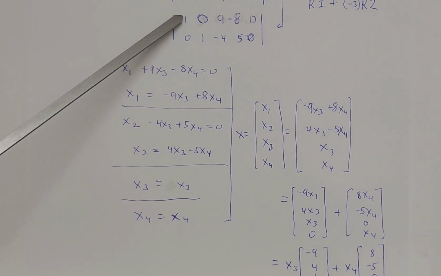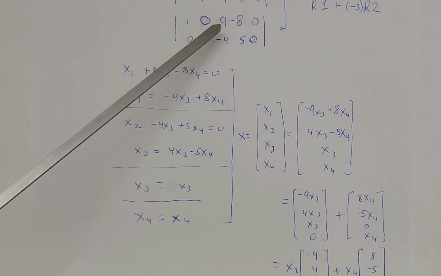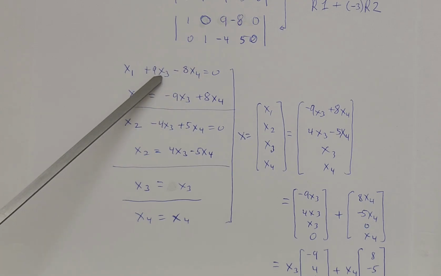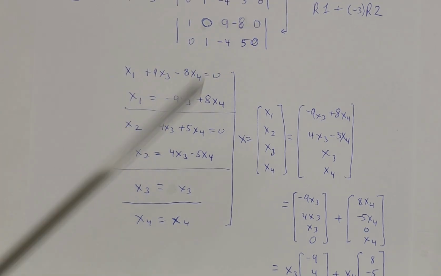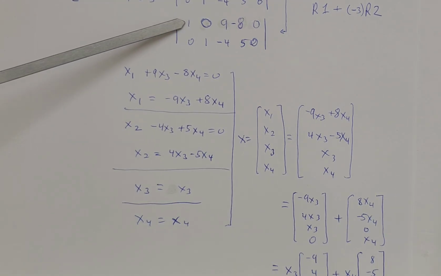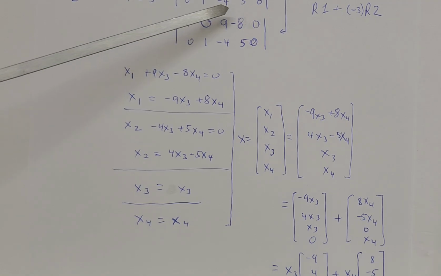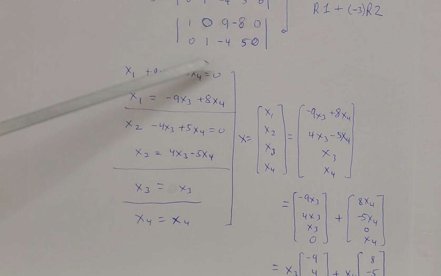This is x1. There's nothing for x2, but we do have x3 and x4. So x1 + 9x3 - 8x4 = 0.